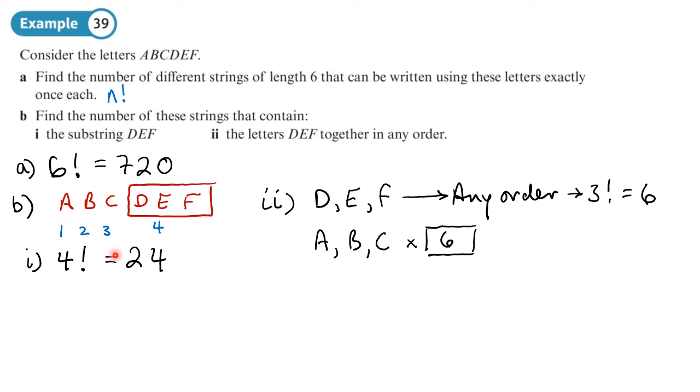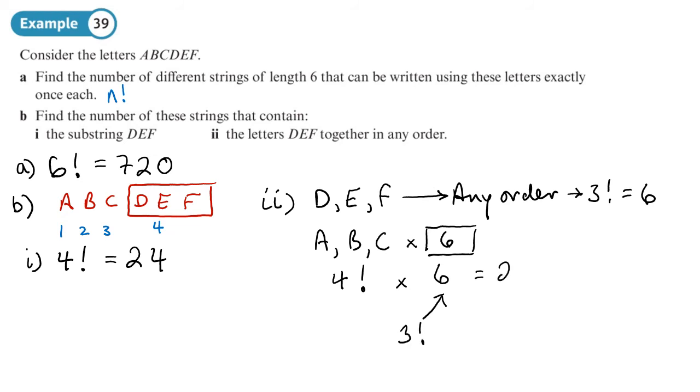So this is very similar to the last one. In the last one, we just said it's got to be in that order. Since they can be in any order, there's now 6 different ways that we can write this. So now it becomes 4 factorial, 24, times the 6 different ways we can write these last 3. So that's going to be 4 factorial times 3 factorial, which is 6.